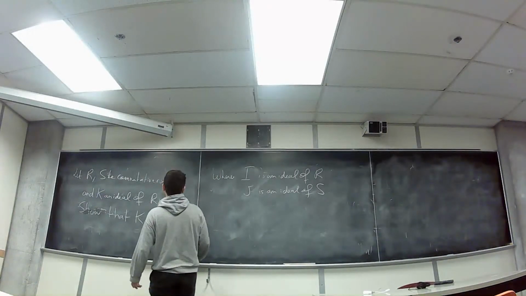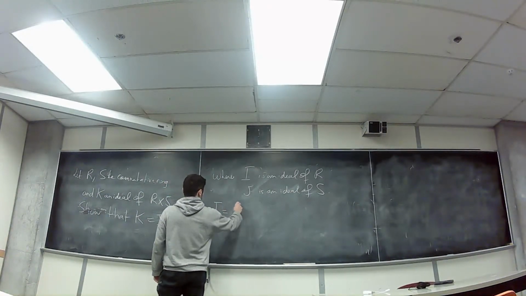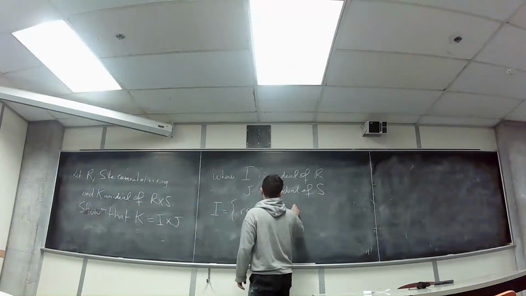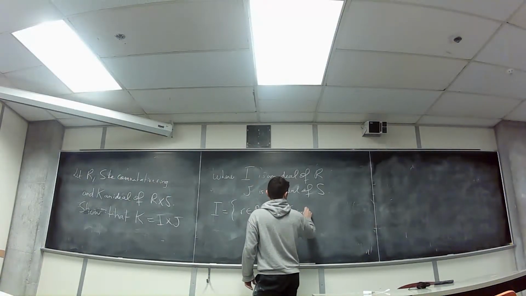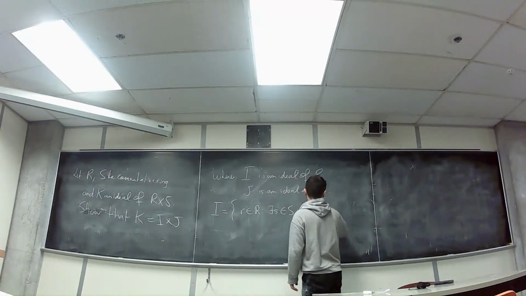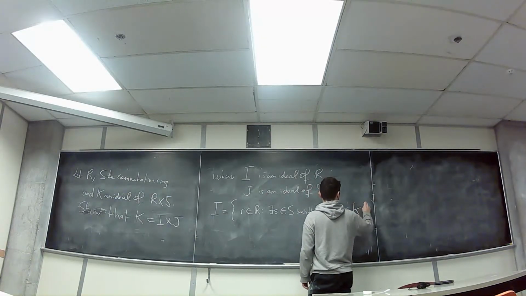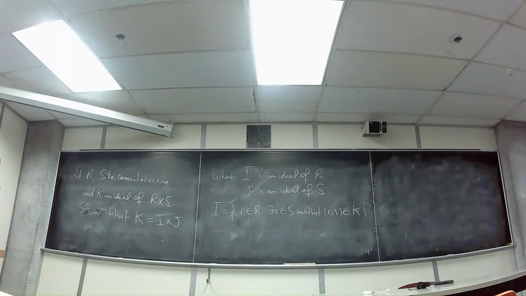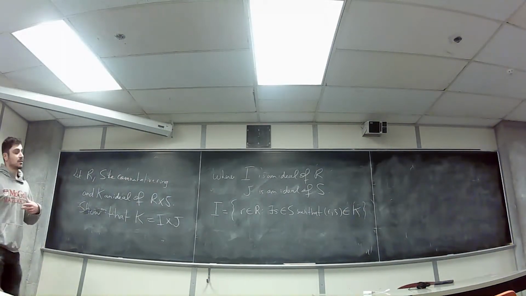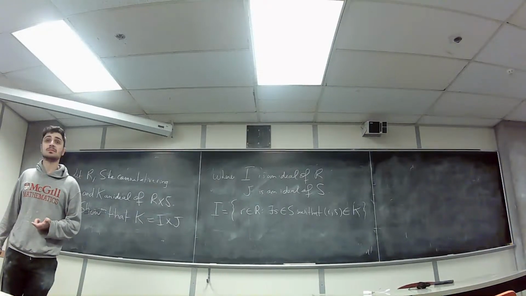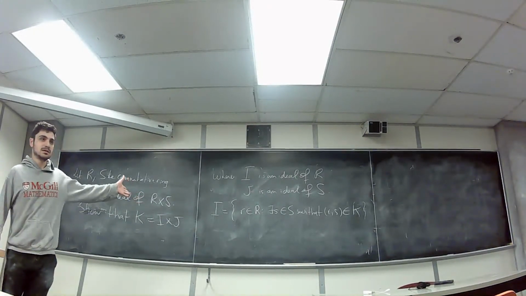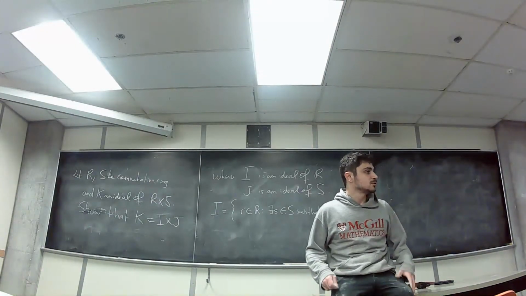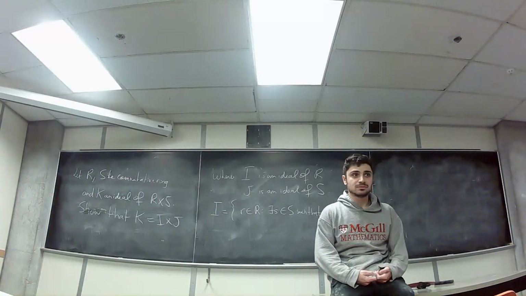Well, the obvious ones: take I to be the set of R in R such that there exists S in S such that RS belongs to K. So the ideal K is an ideal of R cross S, and it contains elements, pairs of the form RS, right?